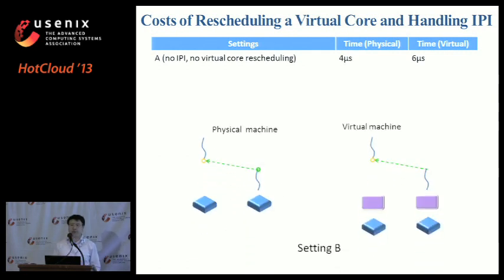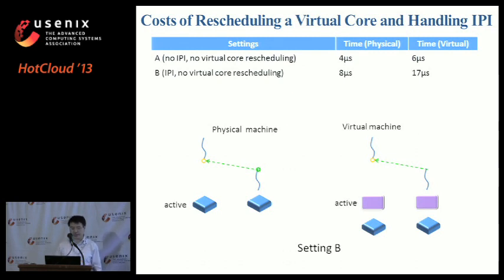Under setting B, we run these two threads on two different cores. Because these threads are running on two different cores, we must send an IPI to do rescheduling to wake up the thread blocked in pthread mutex lock.